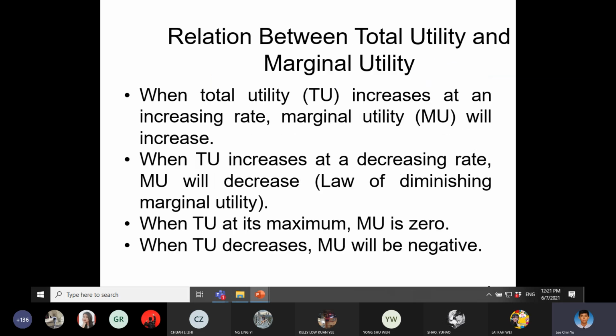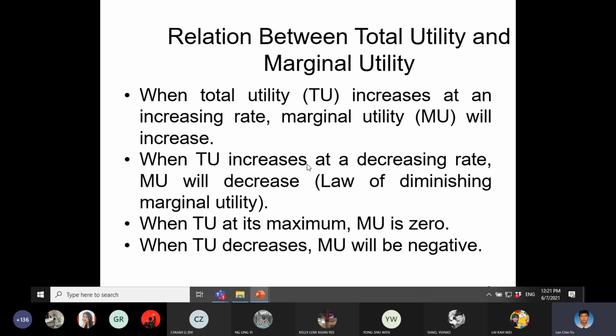So from here we have a summary that shows the relation between total utility and marginal utility. Normally, when total utility increases at an increasing rate, your marginal utility will increase.